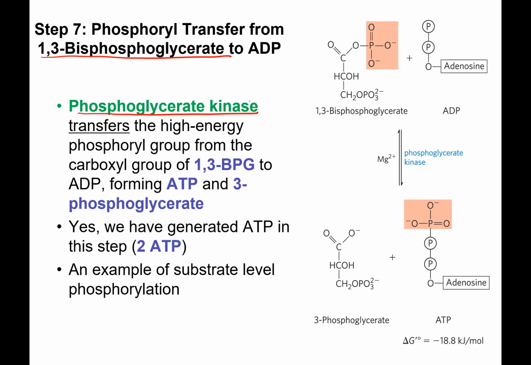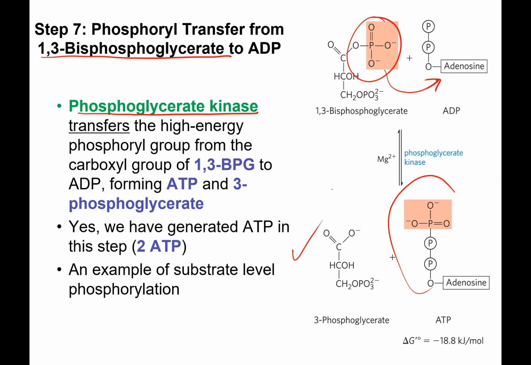We're actually taking the phosphate group from our molecule here and adding it to ADP to get ATP, reducing the phosphorylation state of our molecule by 1 to 3-phosphoglycerate.